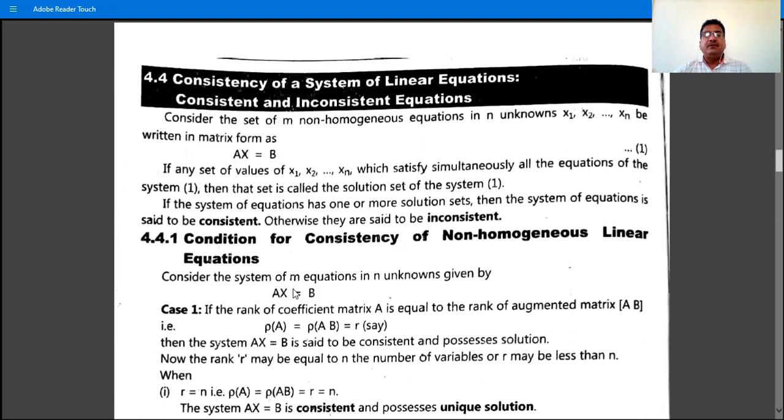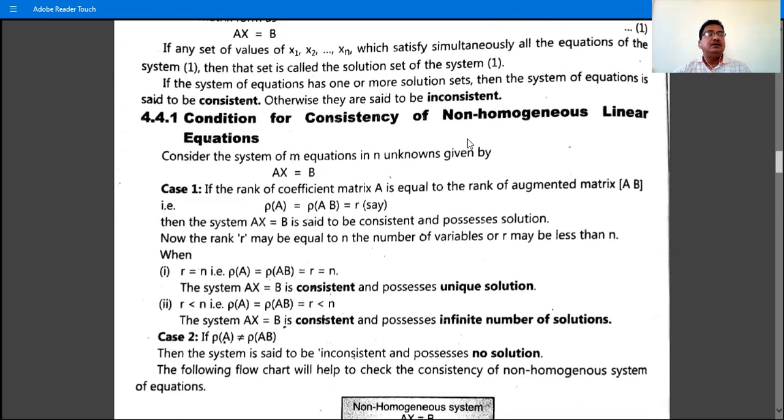So now the condition for the consistency of a non-homogeneous linear system. If the rank of A and the rank of AB, that is, the rank of the coefficient matrix, is equal to the rank of the augmented matrix, if these two ranks are the same, then we say the non-homogeneous system is consistent.